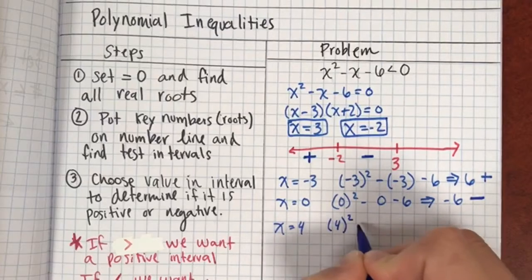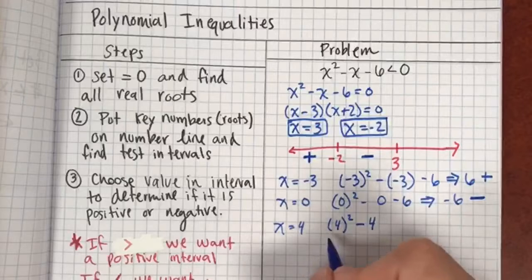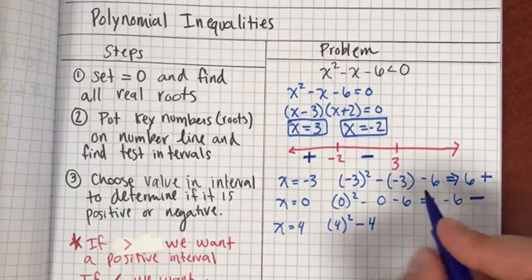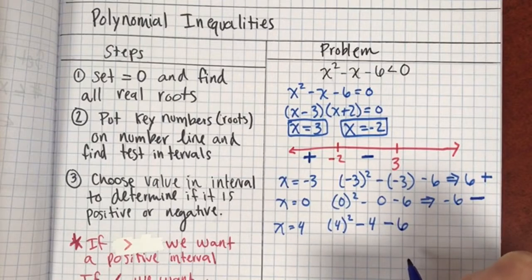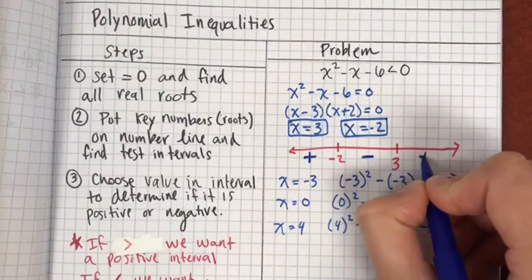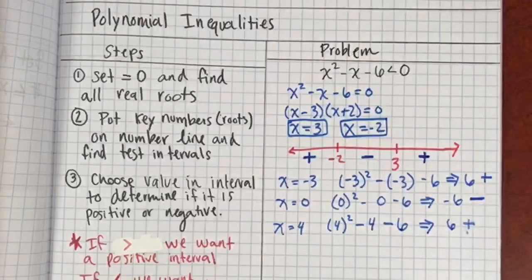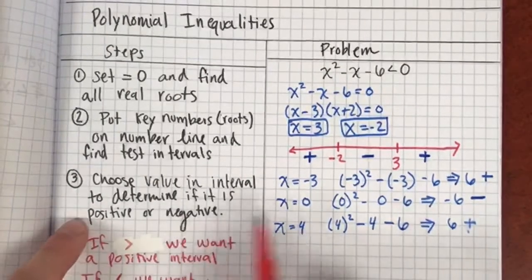So essentially, we're just plugging numbers into our equation and finding out if it's positive or negative. Okay, and over here we've got 6, which is a positive number. All right, so we're almost done.